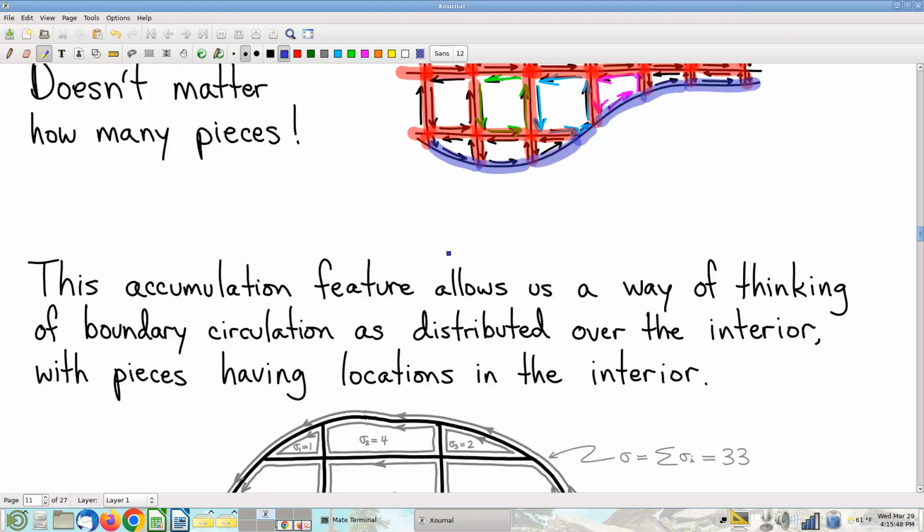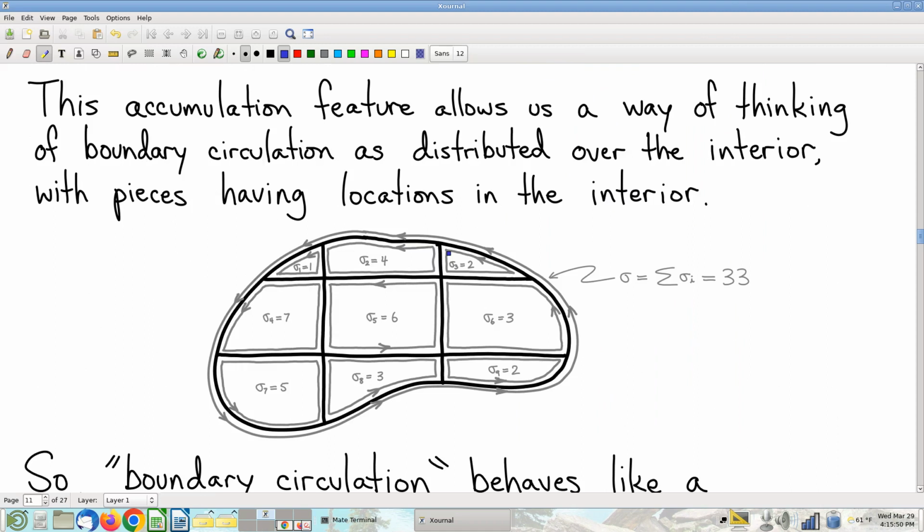Now, let me talk about that in this context. I've claimed that there's a relationship between boundary circulation on the whole and boundary circulation on the parts. The first thing I'm going to do is ask a question that makes seemingly no sense the way I'm about to phrase it, because I'm going to phrase it wrong. I'm going to think about it in terms of curves, and you're just going to see how wrong this is.